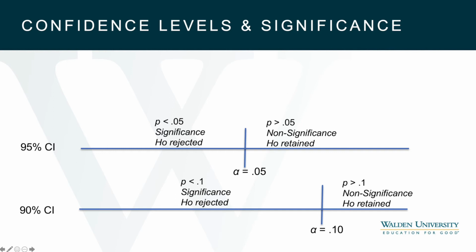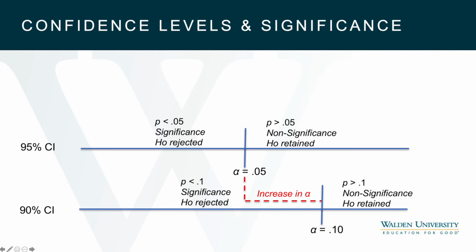But look what this means now for that area of significance. I've added this red area as a possibility to land. I've moved the bar. I've increased my alpha level, but I've also increased that path on where I can reject my null hypothesis.